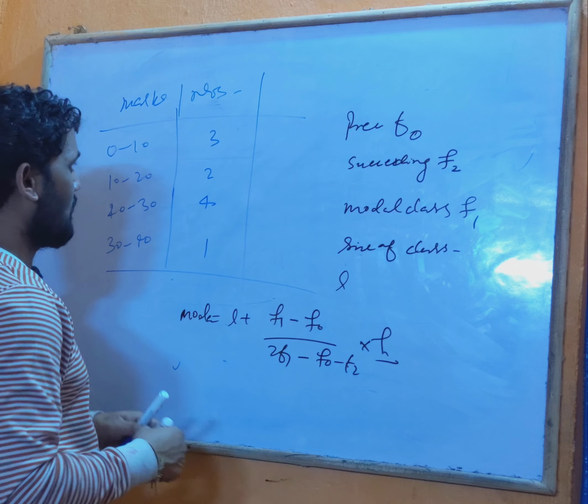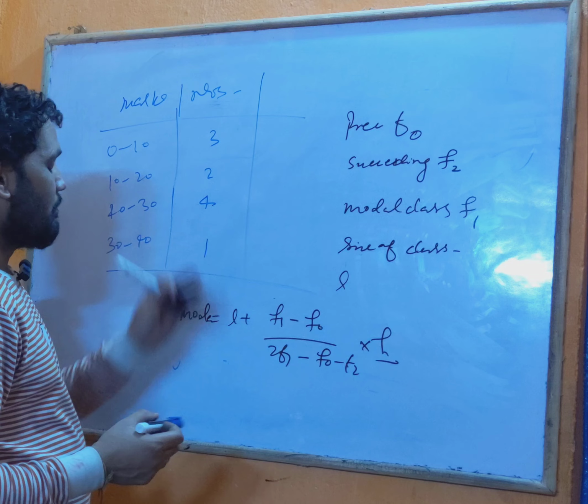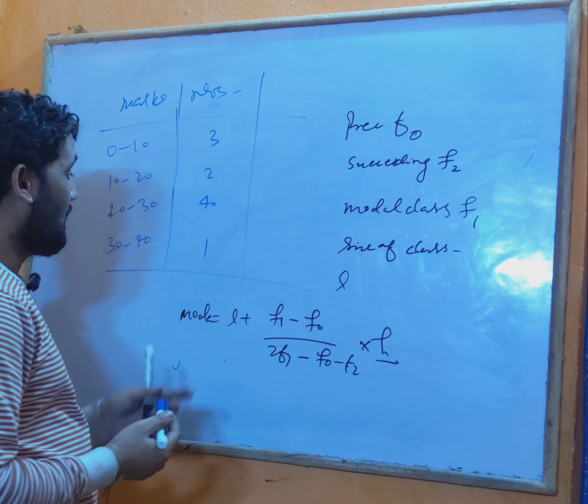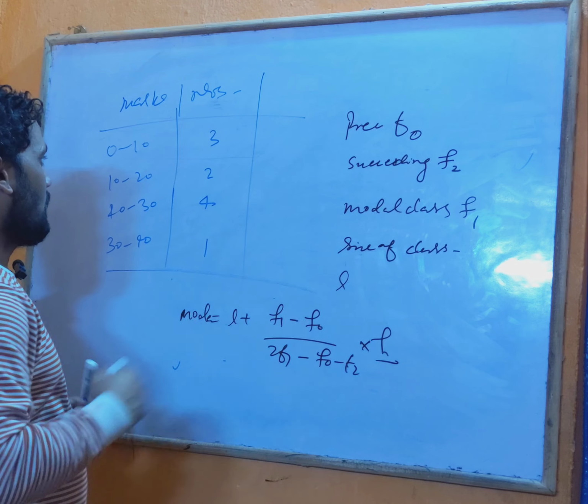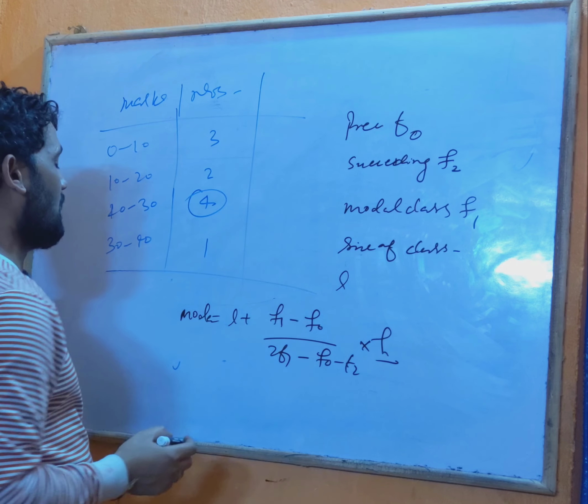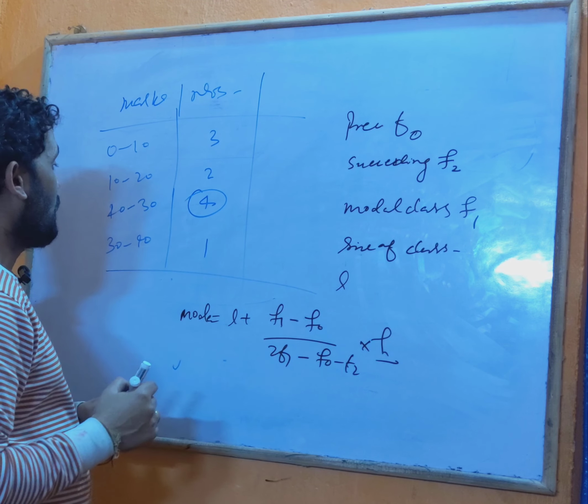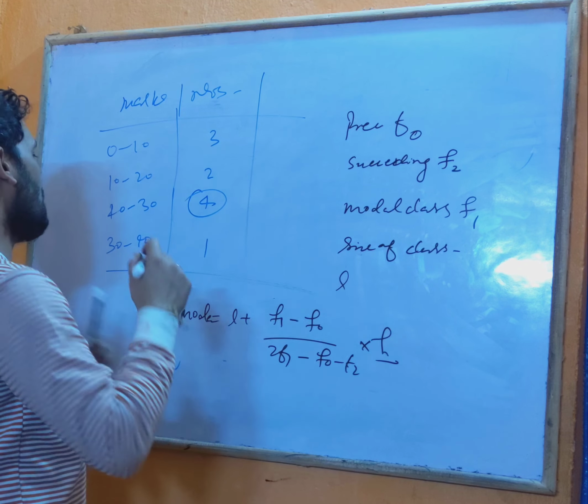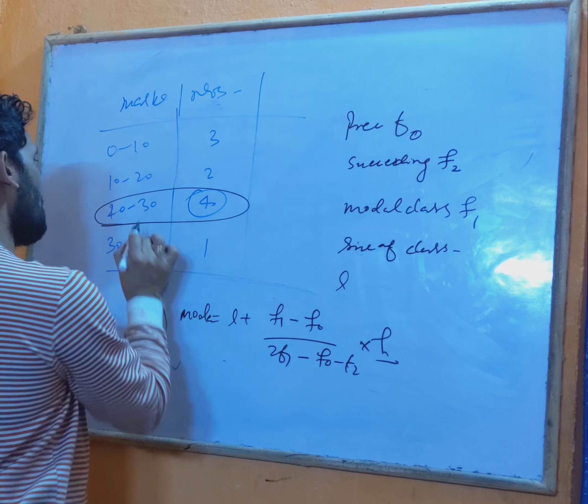So here the maximum frequency in these observations is clearly 4. So this is your model class.